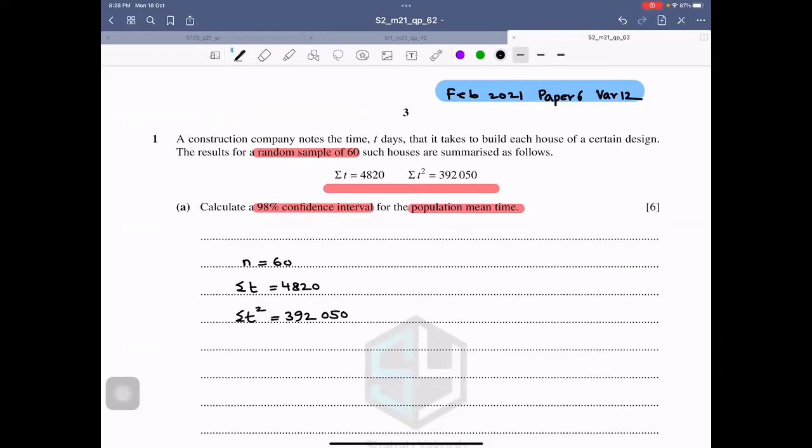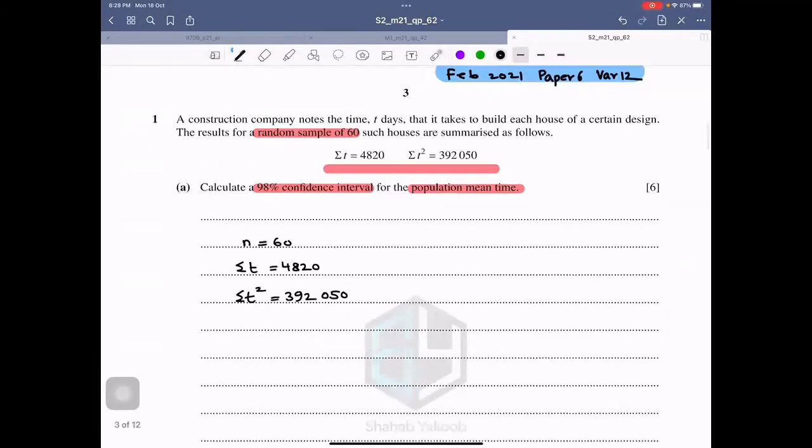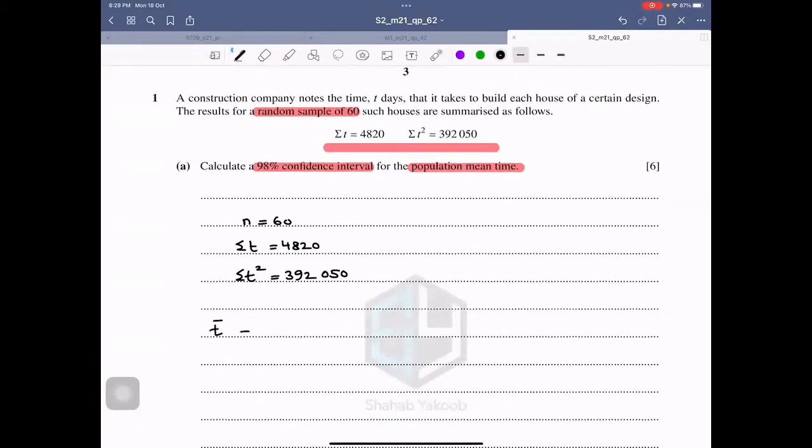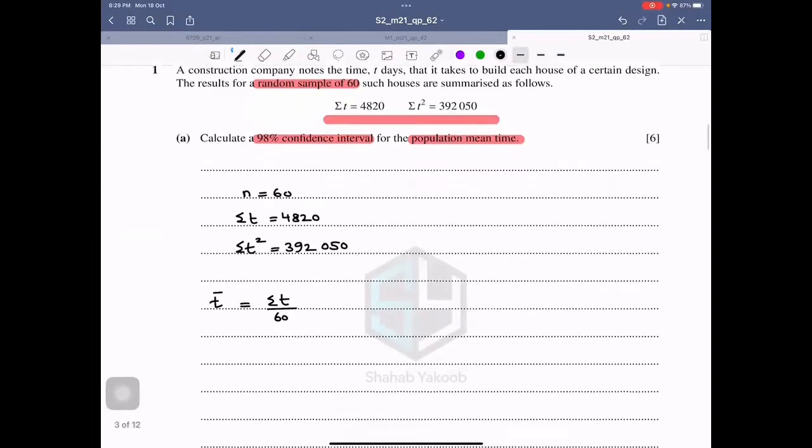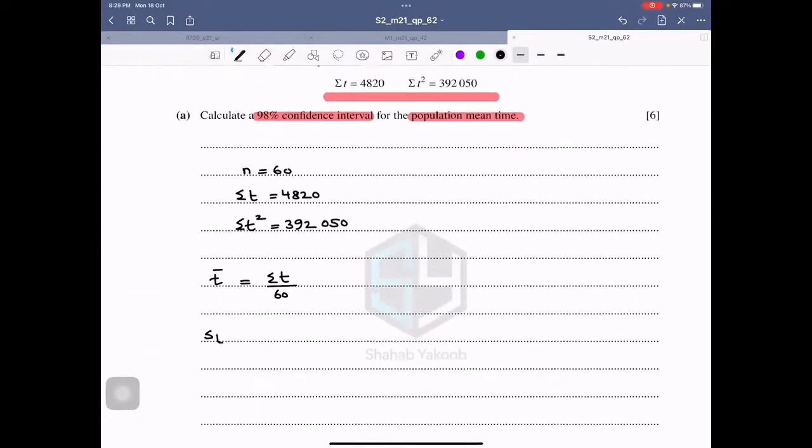What do we need to calculate? First of all, we need to calculate the sample mean, t bar, that is sigma t over 60. We need to calculate the sample variance. This is everything for the sample. So therefore, this would be sigma t square over n minus t bar square.